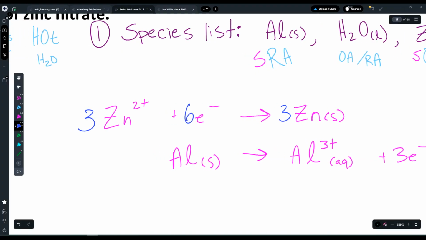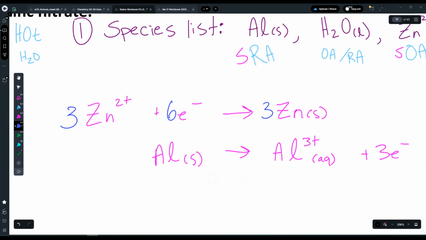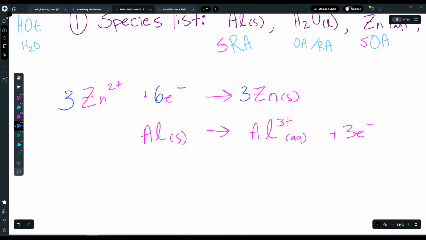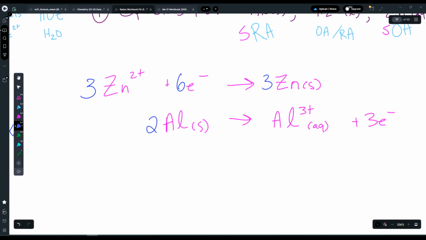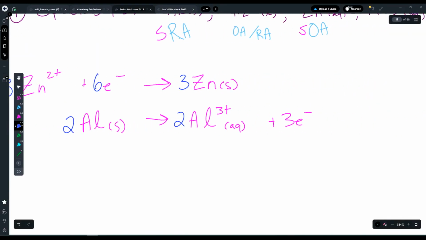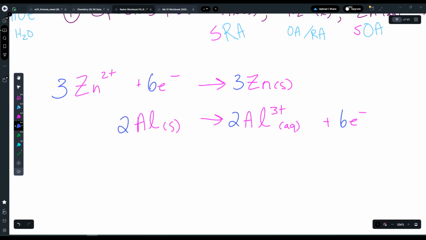The most common mistake here is forgetting to multiply absolutely everything by 3, or by whatever number you're multiplying by. For the second reaction, in order to get 3 to 6, I need to multiply it by 2. So I'm going to make sure to multiply everything here by 2. So that's 2 aluminum solids, 2 aluminum ions, and 6 electrons.